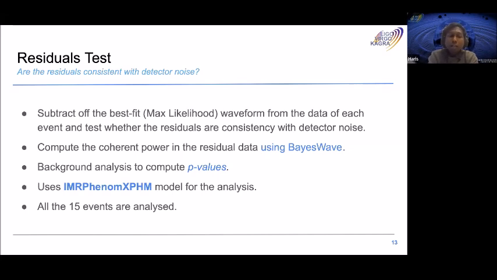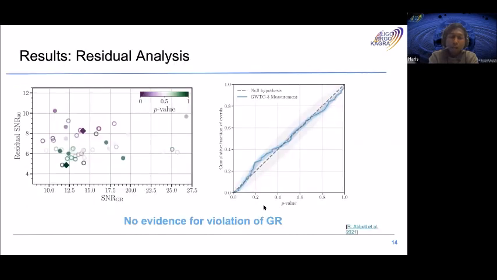We performed this analysis on all the 15 events listed in the previous table, and we use the IMRPhenom XPHM model for this analysis. In this slide, we have a summary of the results from this analysis. The left-hand side plot is a scatter plot between GR SNR, that is the gravitational wave SNR, and the residual SNR of individual events, with the color bar denoting the corresponding p-values.